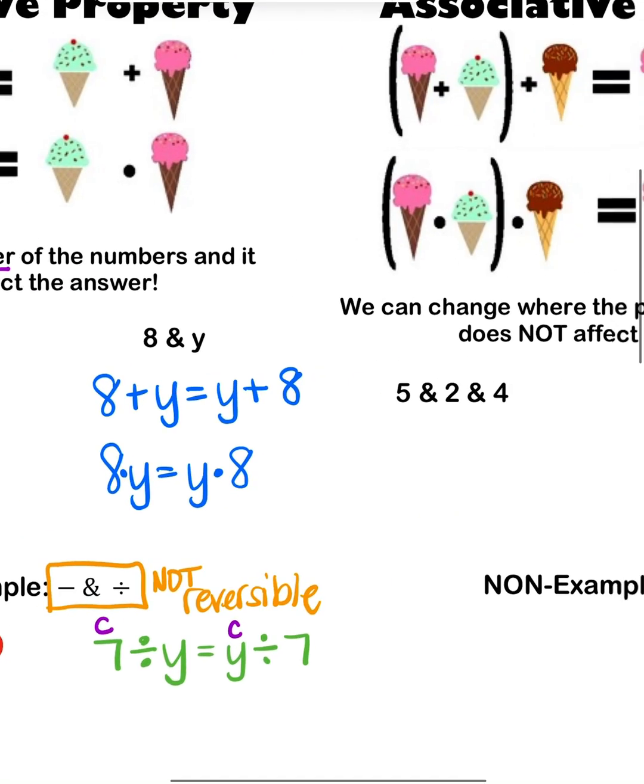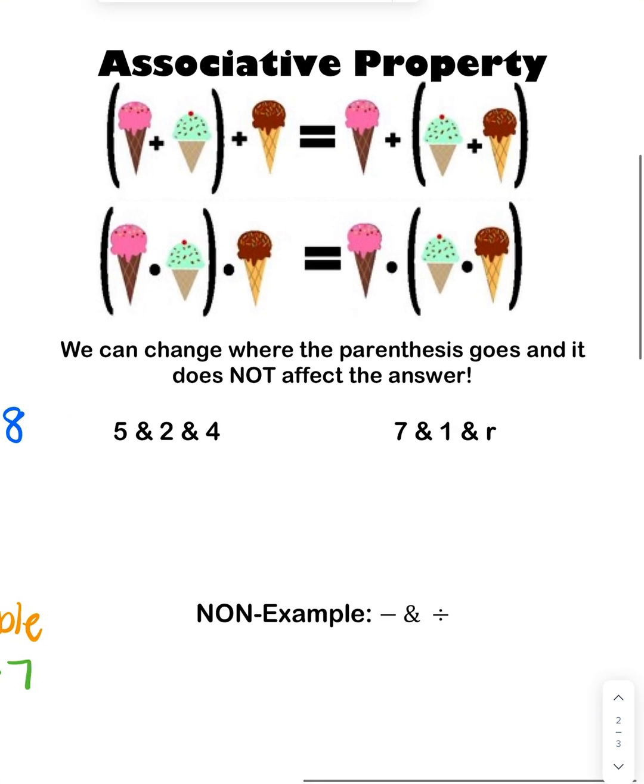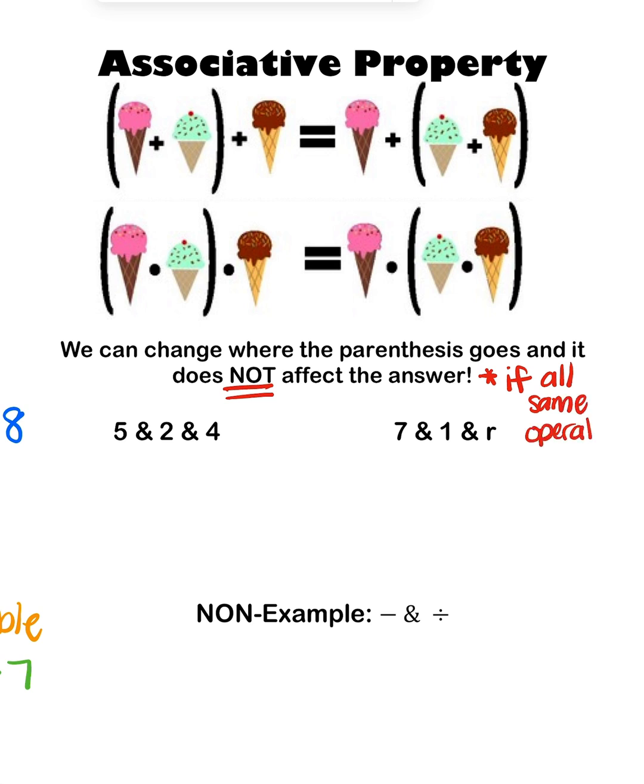All right, and then if we slide to the next side, we're going to talk about the associative property. So the associative property says that we can change where the parentheses go and it does not affect the answer if, we're going to add a little if down here, if it's all the same operation.